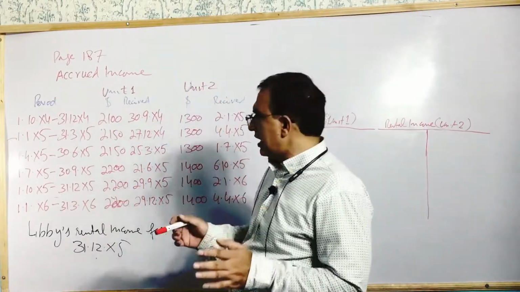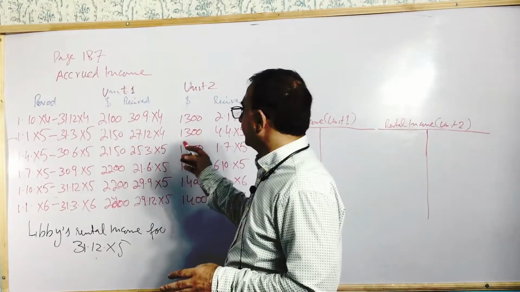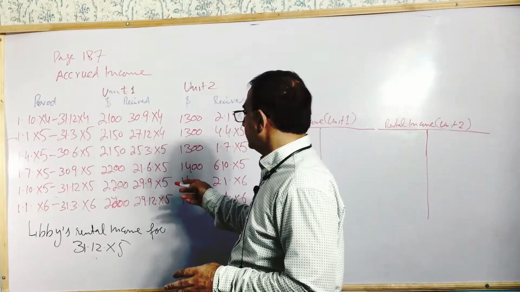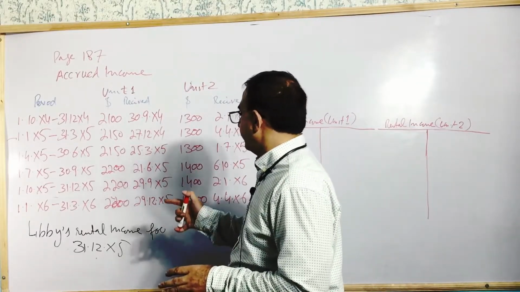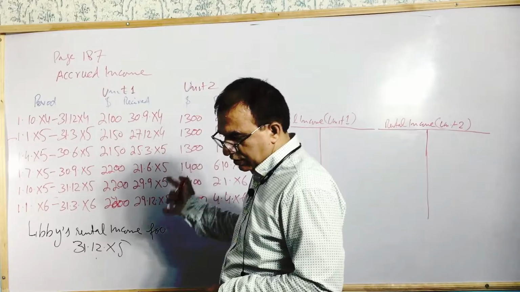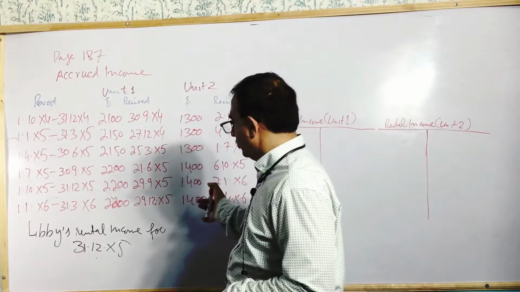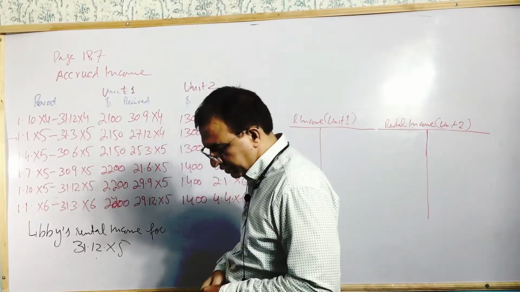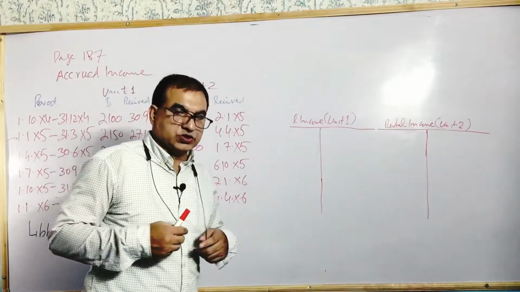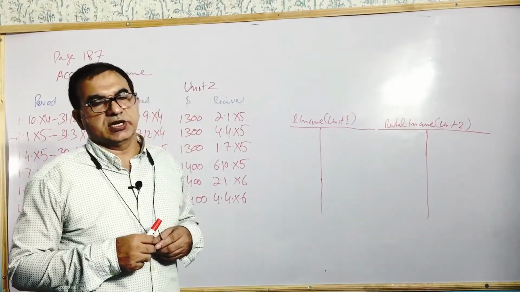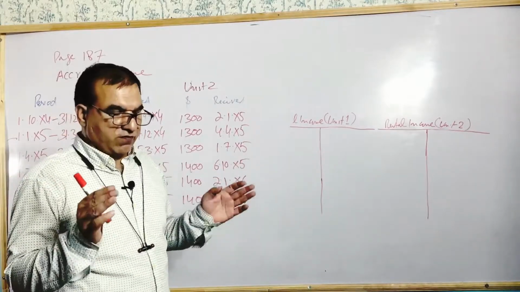From Jan to March 16, 2200 was received for unit 1 on 29th December 15, so we have received it in advance. But for our question, they are asking for the income for the period, which will go to the profit and loss account.